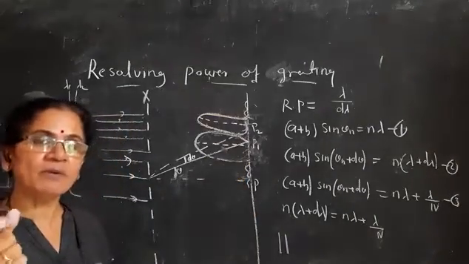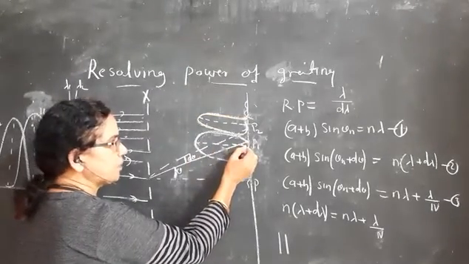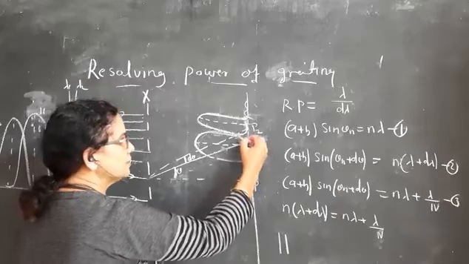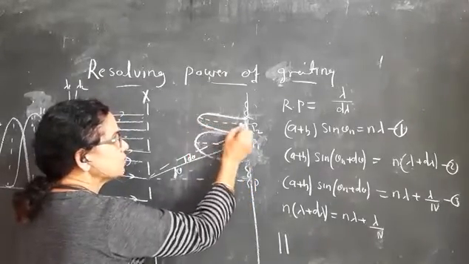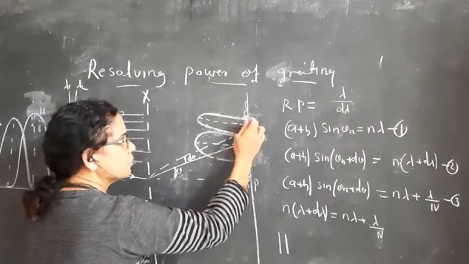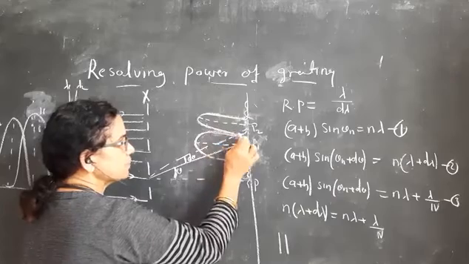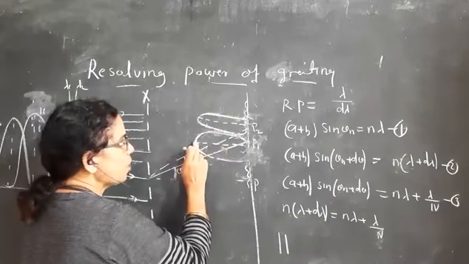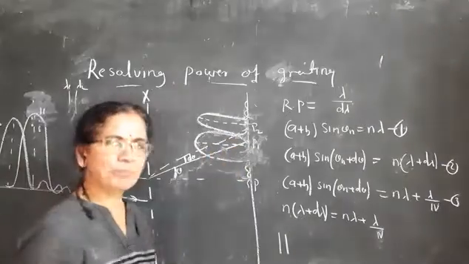And they are said to be just resolved if the maxima of one at point P1 falls on the minima of the other. This is the minima of this color. The maxima of the second one falls on the minima of the first. Same way, the maxima of the first one and the minima of the second one coincide.